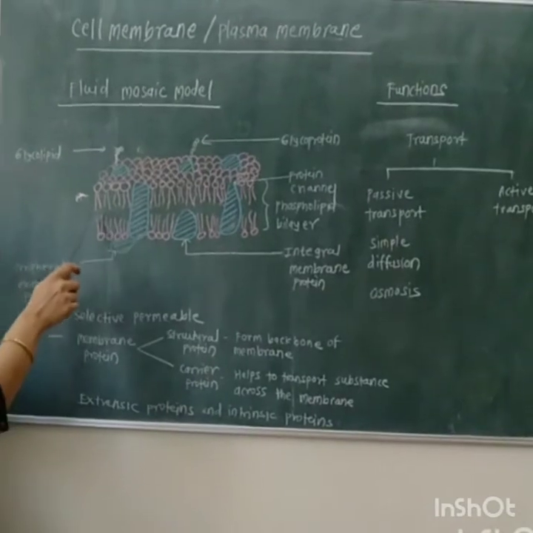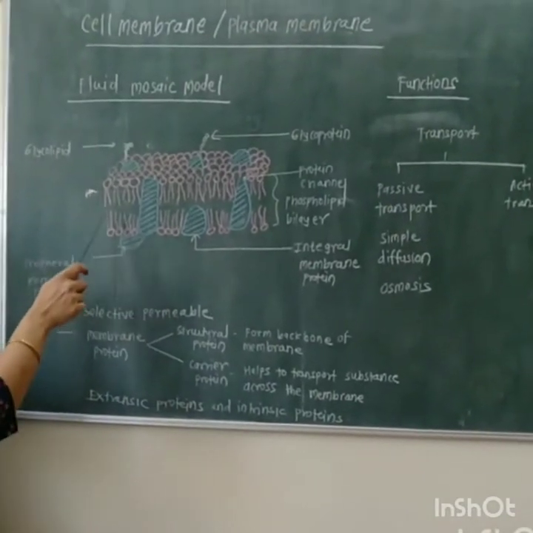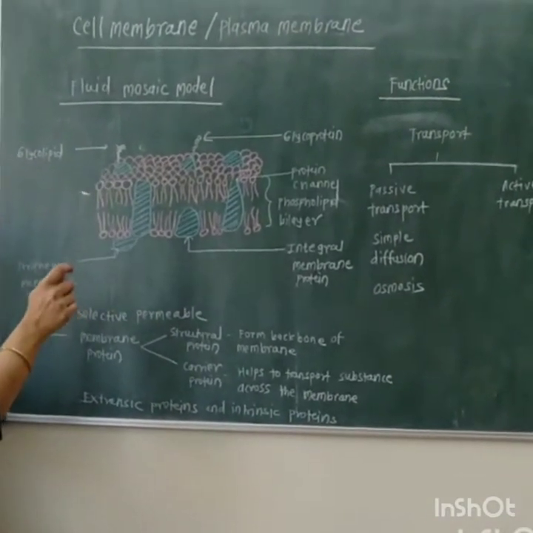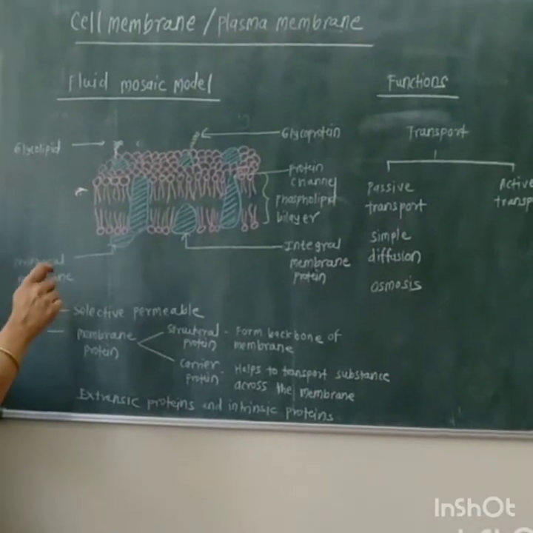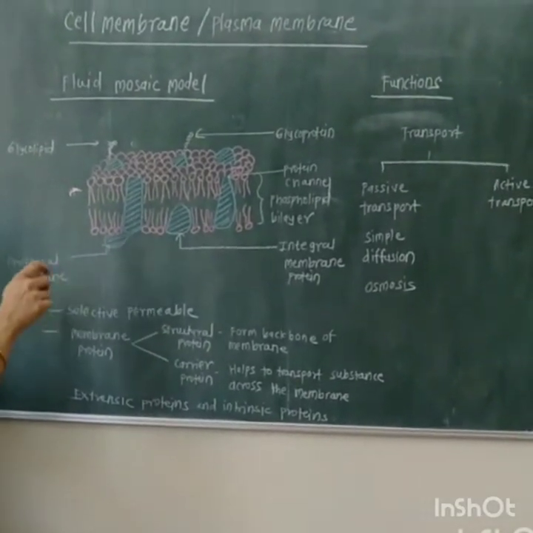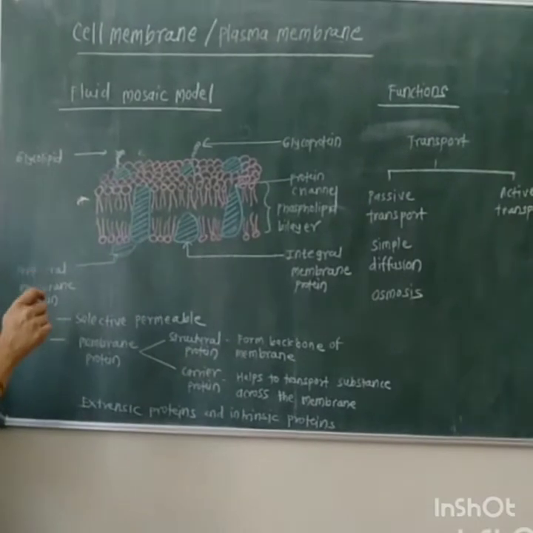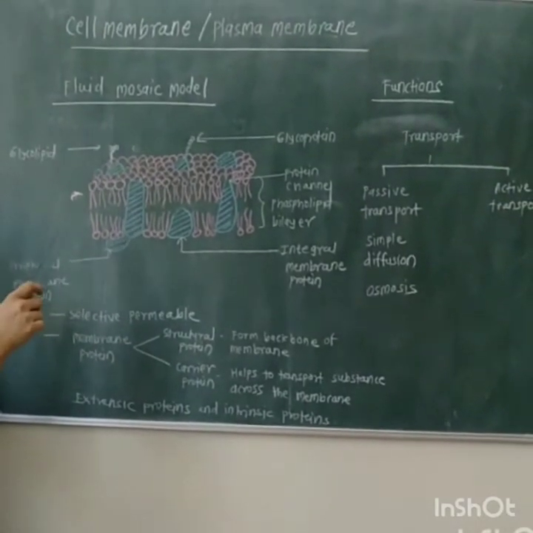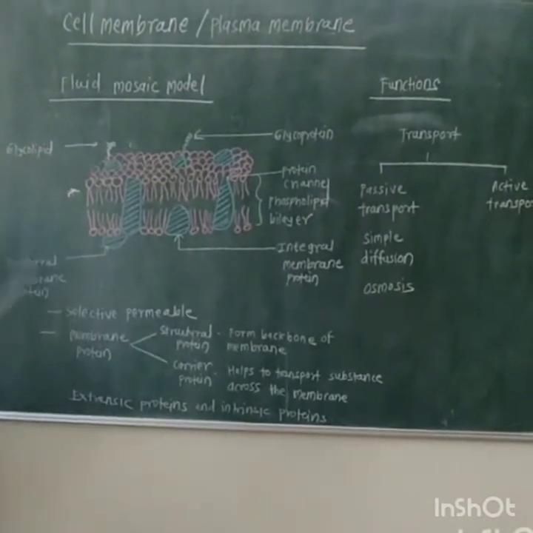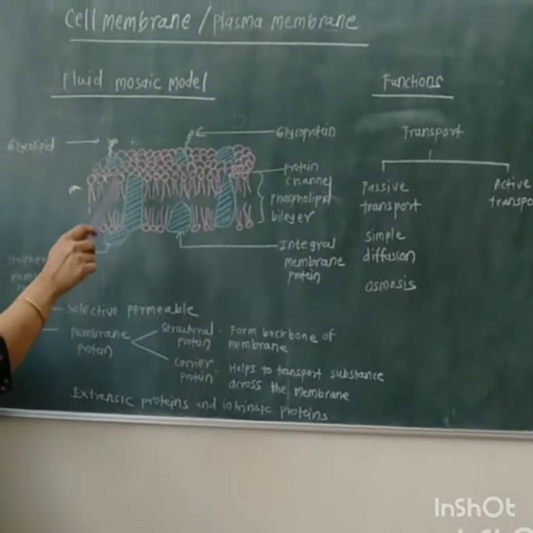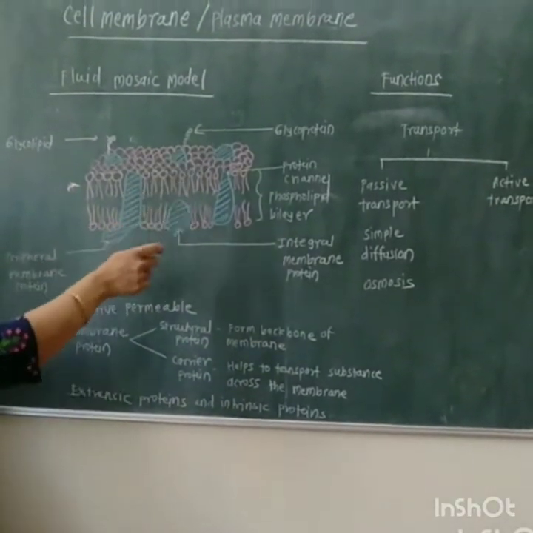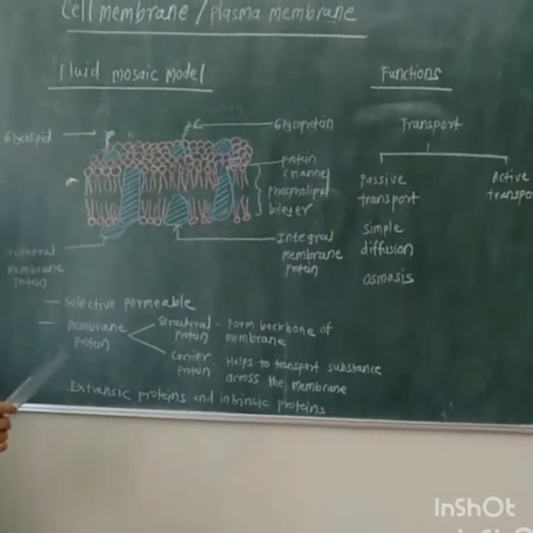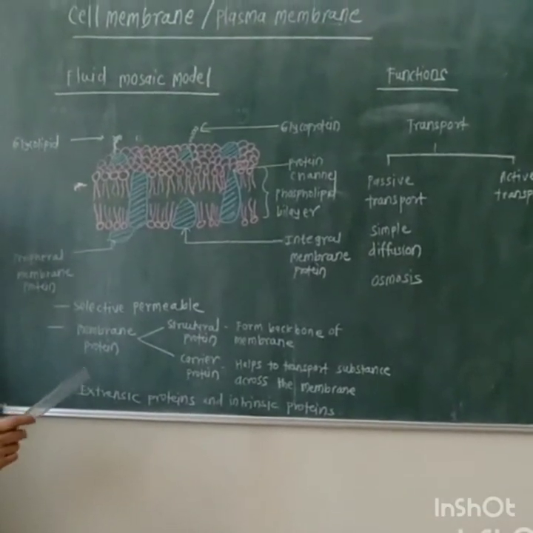So here the tails are sandwiched between the two heads, means the tails are always present inside, their direction is always inside the layer. Then the proteins are embedded in this phospholipid bilayer.